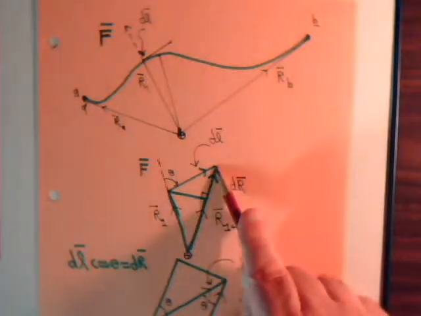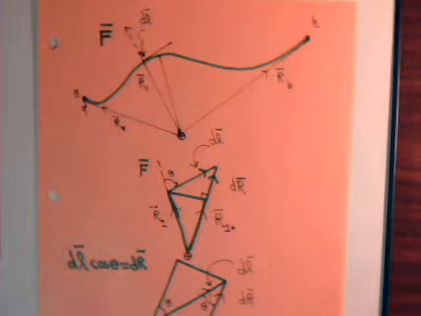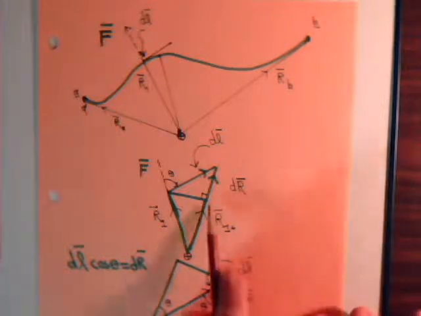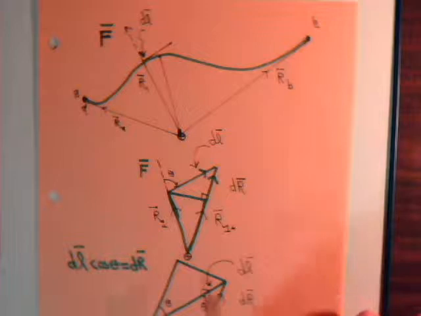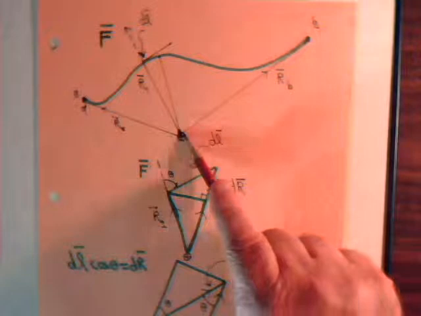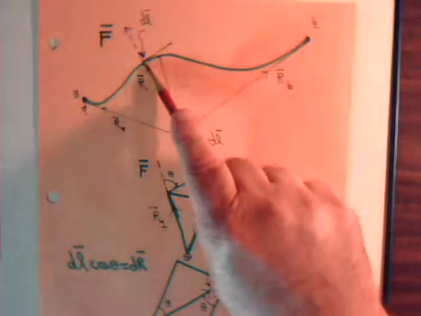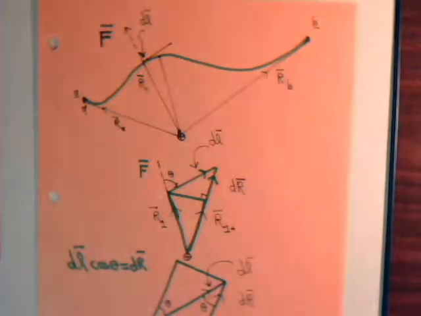Here is dl, and we can resolve it into a radial component, here dr, where dr is just right parallel with r1 plus. Remember, r1 plus is just the position vector that starts here and goes to the end of that differential line segment dl.